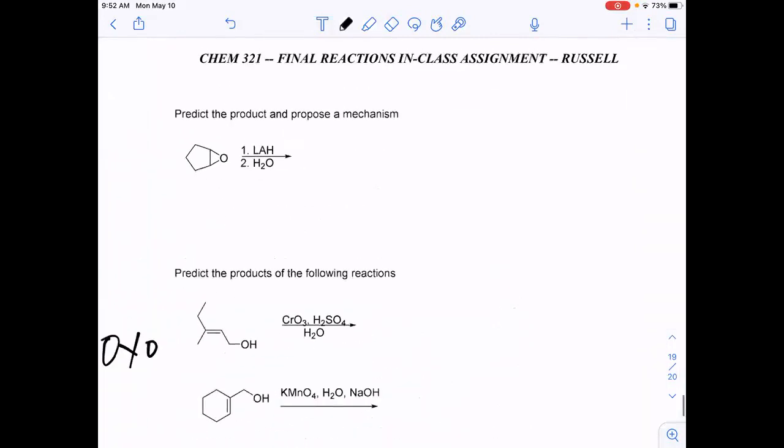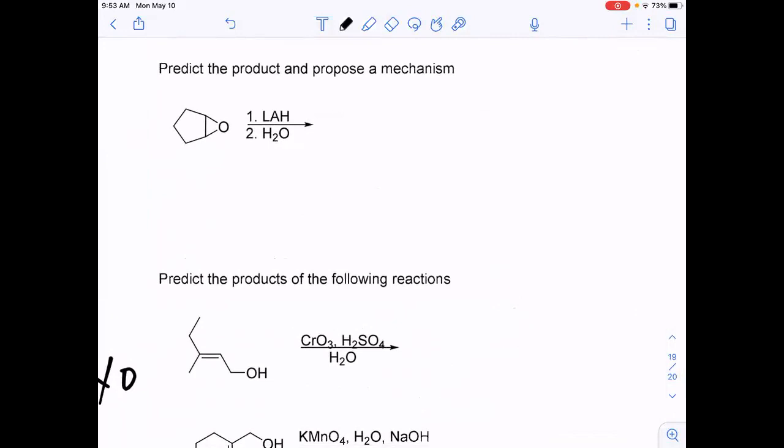All right, what about here at the top? It says predict the product and propose a mechanism. What type of reaction is that going to be? You have an epoxide in the presence of a really good nucleophile, a good hydride nucleophile. Wouldn't that be a reduction? It is a type of reduction.